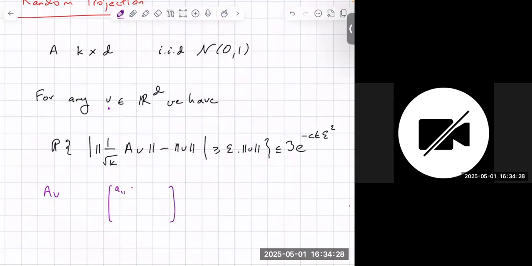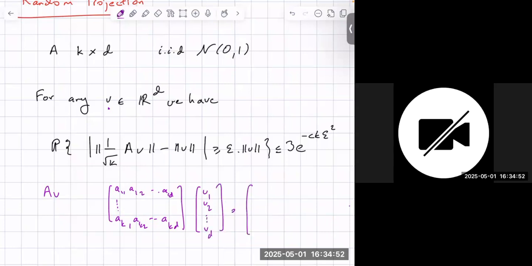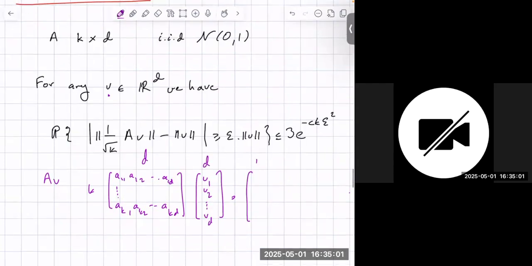It has entries A11, A12, up to A1D, and goes till AK1, AK2, up to AKD. And I have a deterministic vector here, V1, V2, up to VD. When you do the dot product, you will end up getting a K-dimensional vector, right? The matrix is K times D, the vector is D-dimensional, so the output will be K-dimensional.